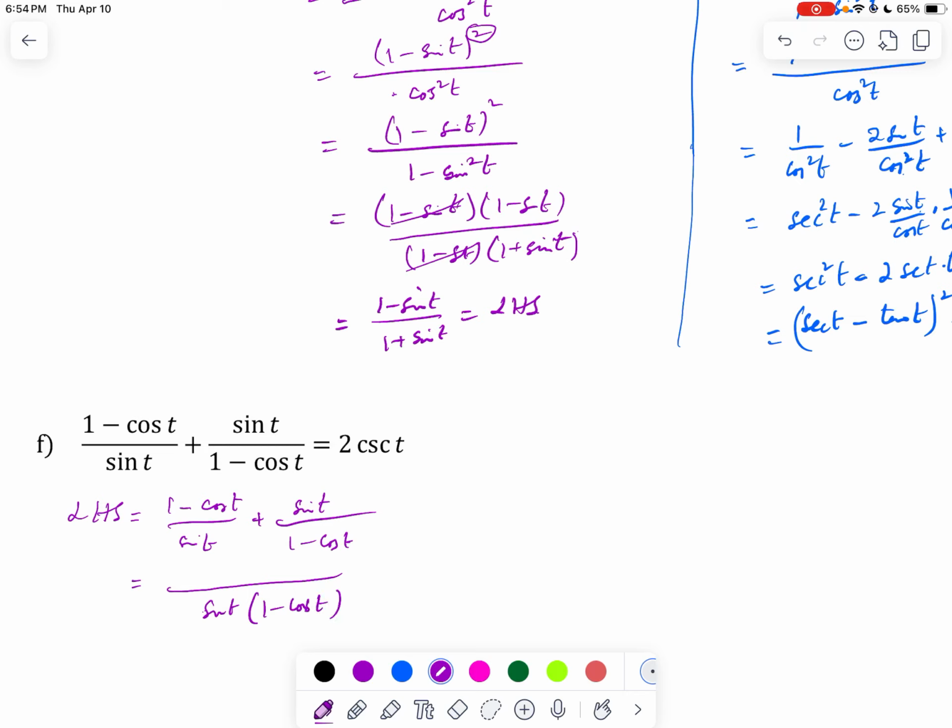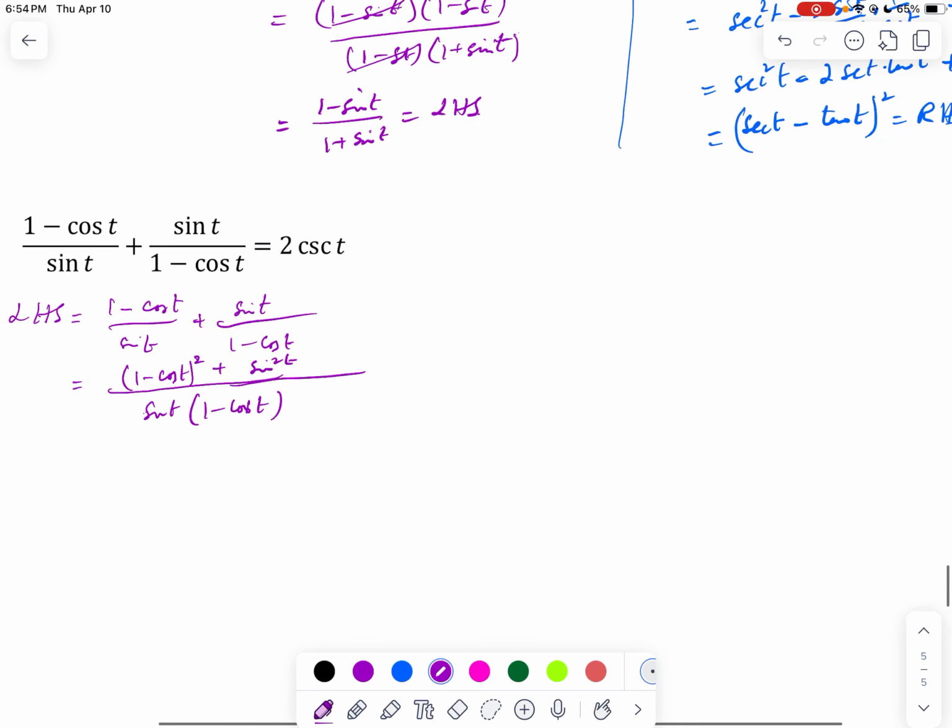Now we will keep the denominator in the factored form. On the numerator I have 1 minus cosine t times 1 minus cosine t, which makes it square here, plus similarly sine t into sine t, or sine square t. Now expand the numerator, keep the denominator as it is.